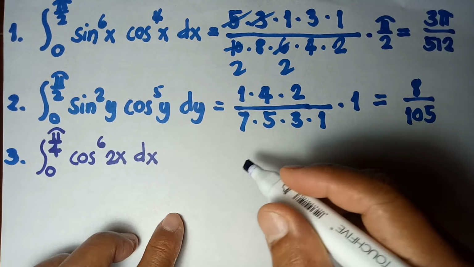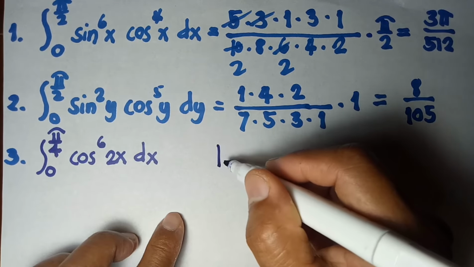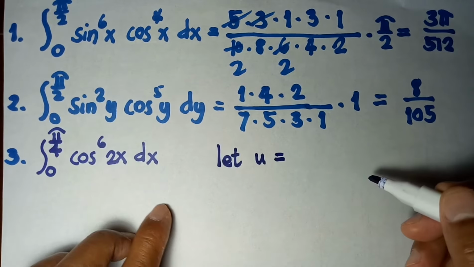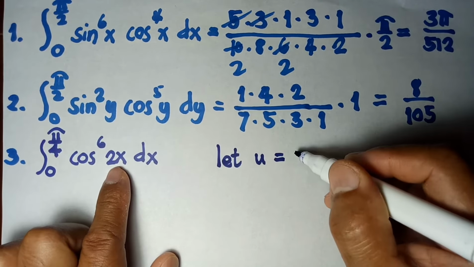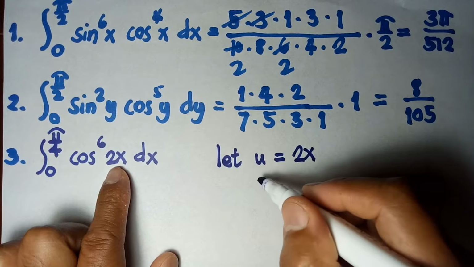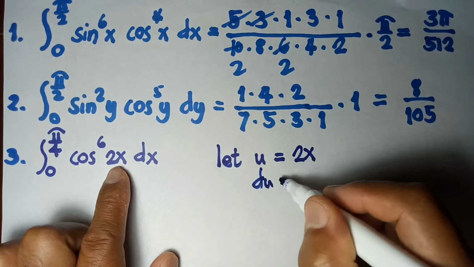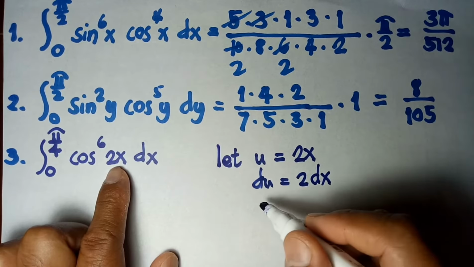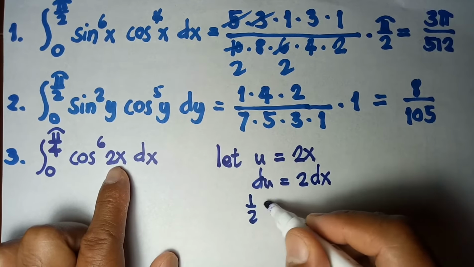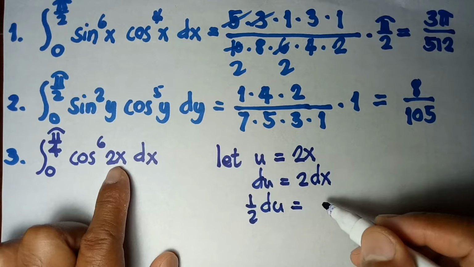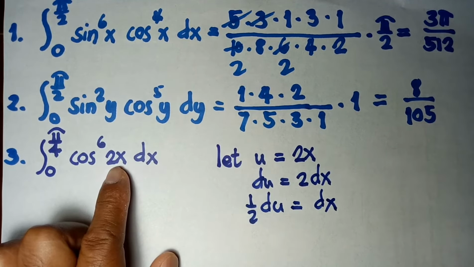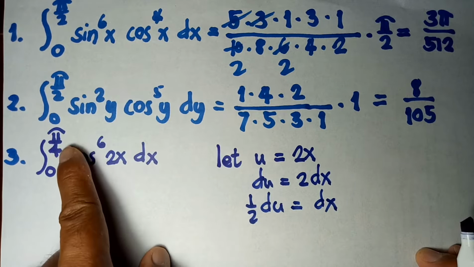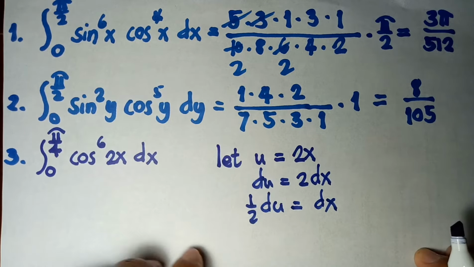So dito, let u equals 2x. Then du equals 2 dx. And then 1/2 du equals dx. So dito, hanapin din natin yung lower saka upper limit in terms of u.